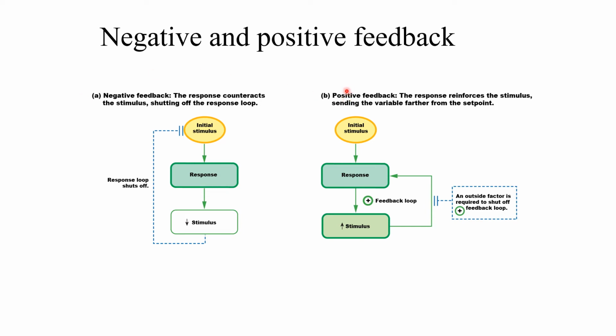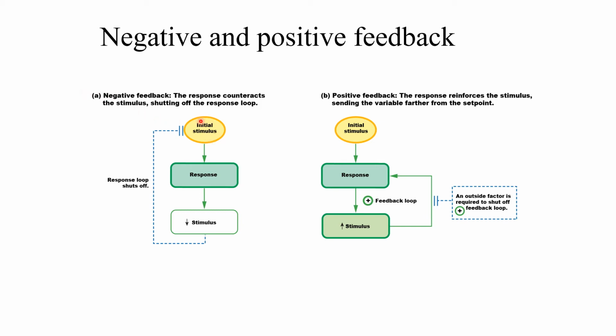Positive feedback loops are not homeostatic loops. They are actually going to do the opposite. They are going to push you further away from that normal range. So let's start with the negative feedback loops that are homeostatic.